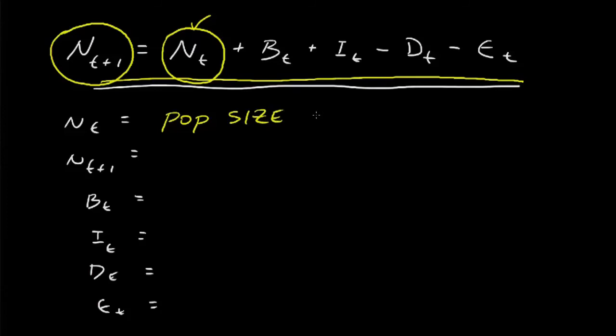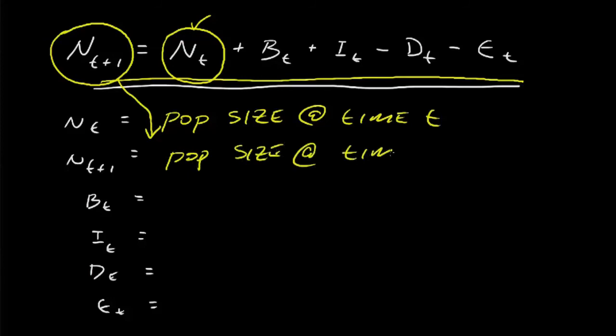We could call it at present, but it's really at time t. And let me just further define this here. Our N_t+1 is our population size at time t plus 1, so one step ahead, like perhaps 1 year into the future.